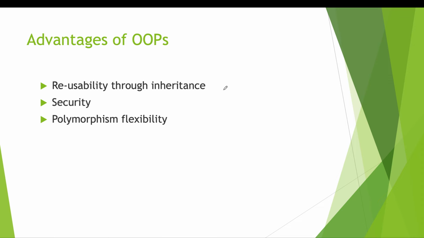Polymorphism. Polymorphism is when, depending upon the situation, your methods will behave in different ways. You're writing a method, now you may want your method to behave in a different way depending upon the input. So that is something that is covered under polymorphism. Modularity for easier troubleshooting. As you're dividing your big program into small chunks, that makes your troubleshooting easier, because you know which module is having the problem.